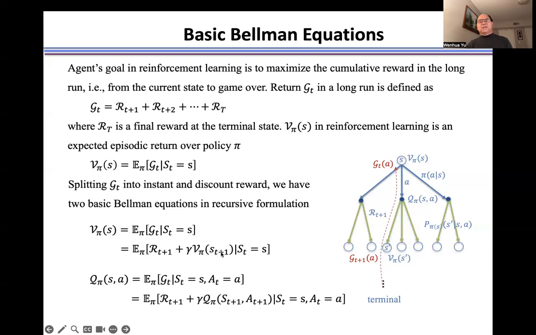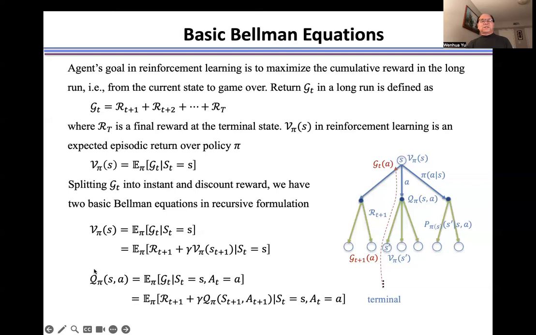That means we can evaluate the state value function at state s by the reward from the environment and the value at the next state s prime, or s_{t+1}.